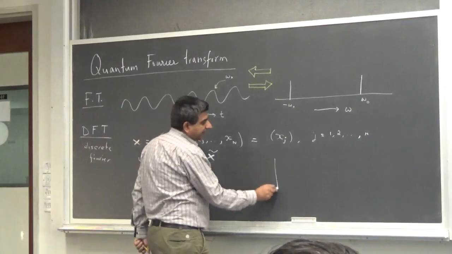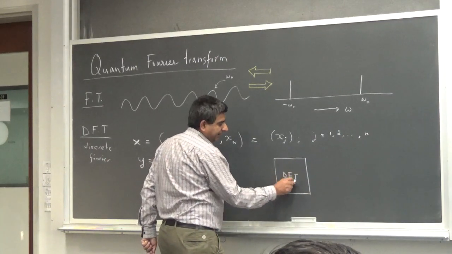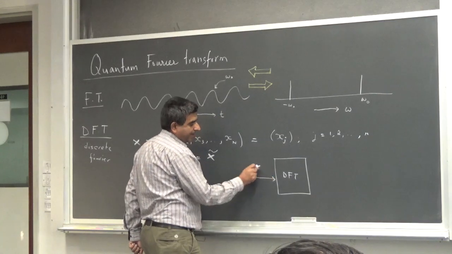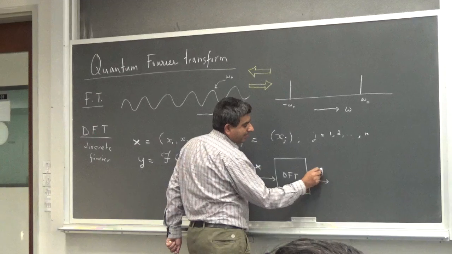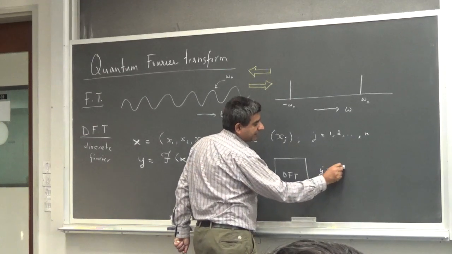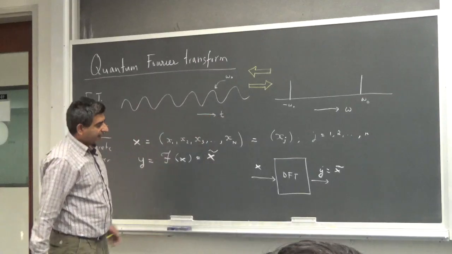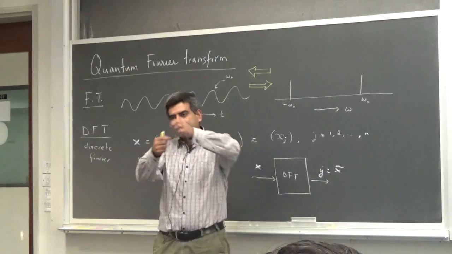So if I represent my discrete Fourier transform by a box, DFT, it takes in a vector x and outputs a vector y, which is the Fourier transform of x. And if this x has n entries, it has a length n, this y will also have a length n.